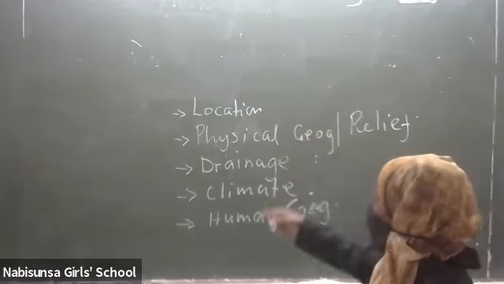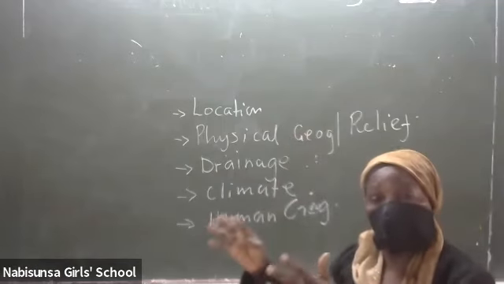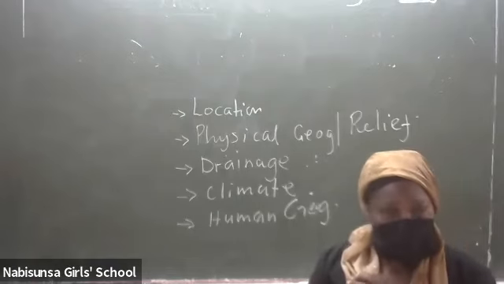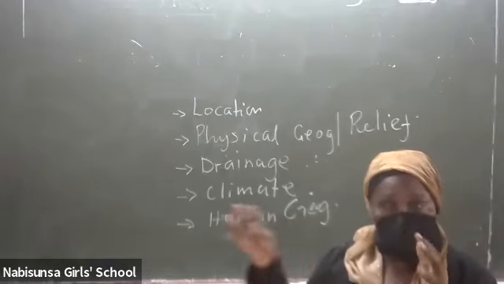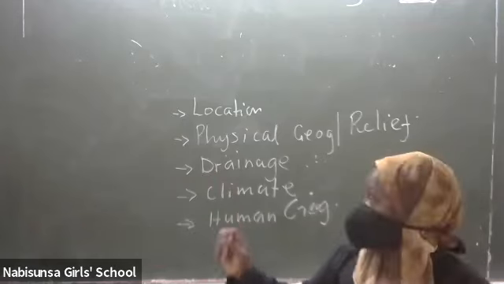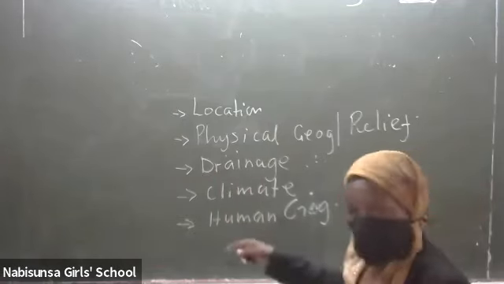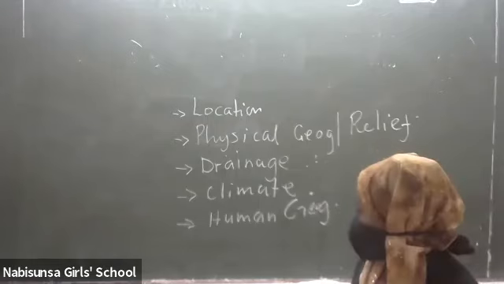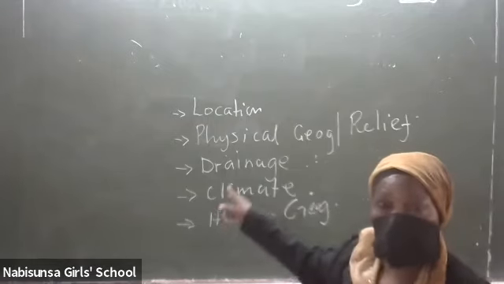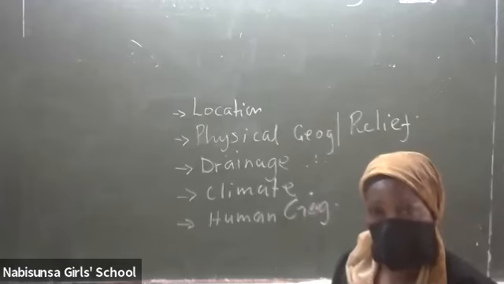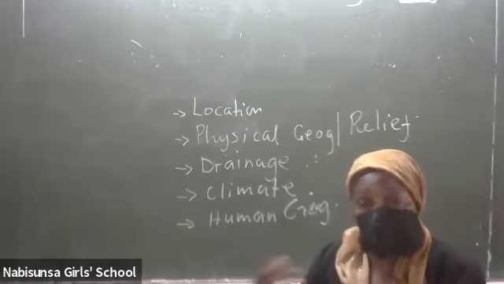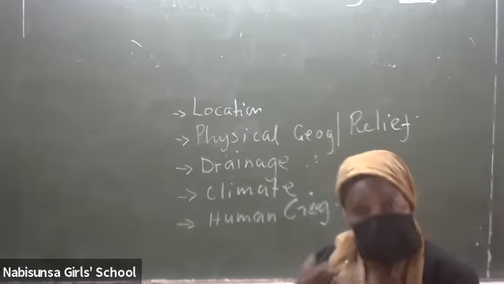After knowing all of this, they are going to pick specific areas of study. When they pick a specific area, they will pass through these very briefly and mainly deal with the human geography. It is not memorizing, but it has to flow.